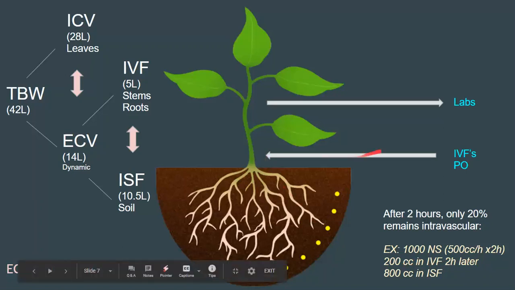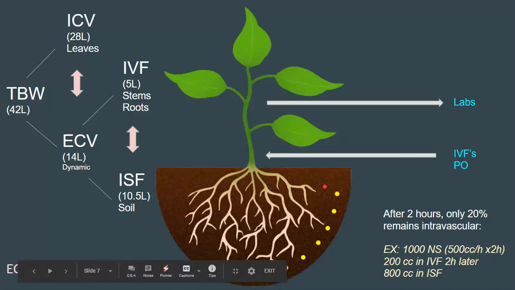In other words, even if I put an IV in this little plant, after 2 hours where is that fluid? It's in the interstitium. Where is the fluid when you put an IV in your patient? It's in their interstitium. And then you scratch your head and you say, well, why in the world did I just use normal saline if you're telling me that fluid ends up in the interstitium?